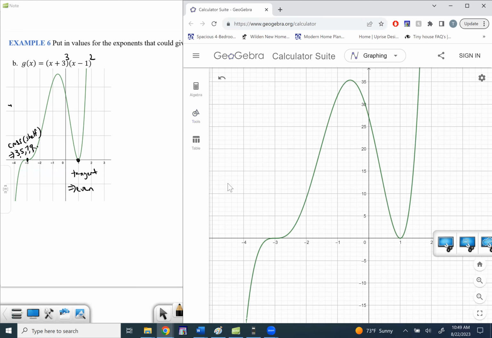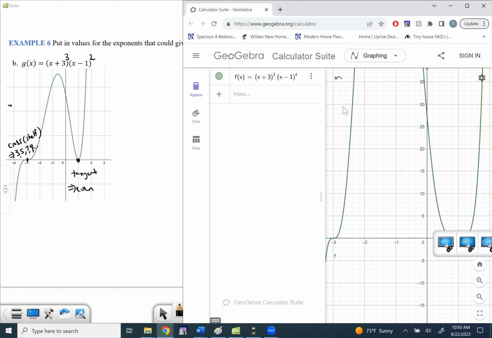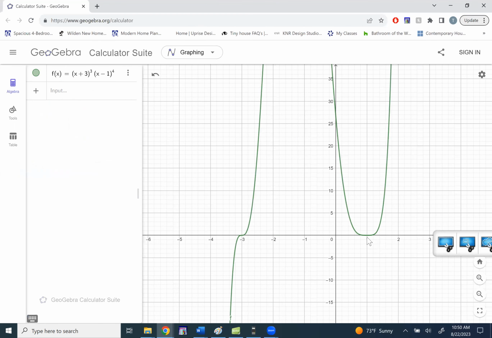Now, as I told you, I picked the smaller. What would happen if we changed it from a 2 to a 4? If we picked some other even number, it's going to have the same behavior. It might go a little bit higher, but it's still going to have the same behavior of being tangent at 1 and a shelf here.